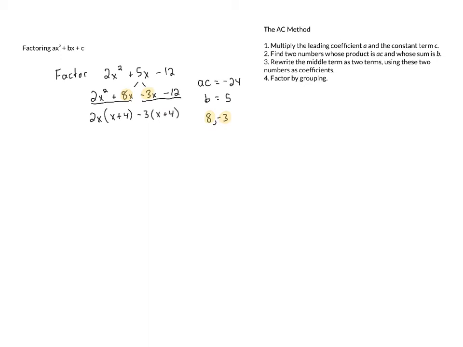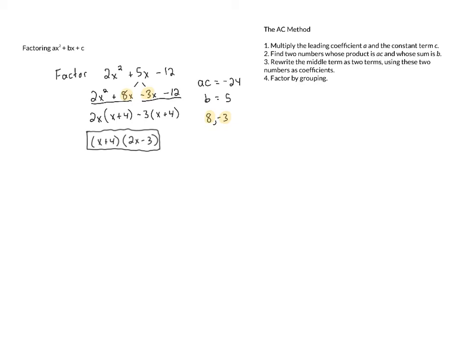So now when we look at the groups, each group contains a factor of x plus 4. So x plus 4 is the GCF amongst the groups. And then the leftovers, when we pull out the x plus 4s, are 2x minus 3. So in the end, we have x plus 4 times 2x minus 3. And we have factored this trinomial.